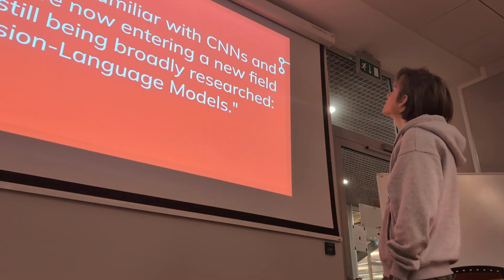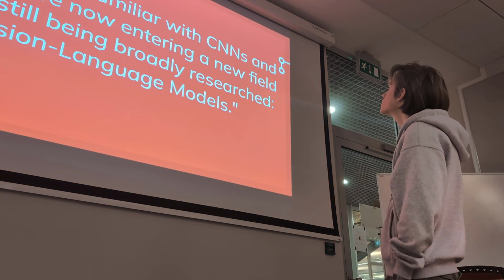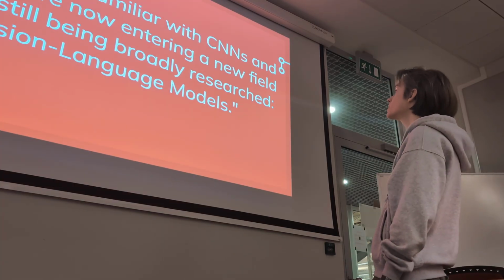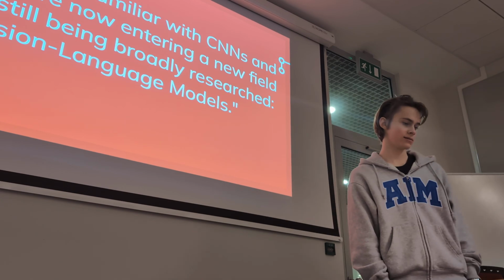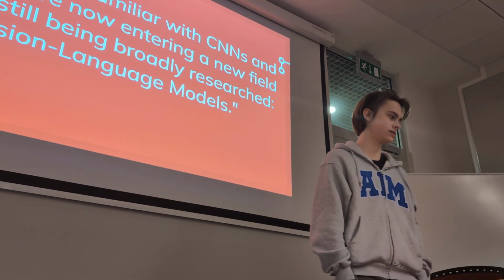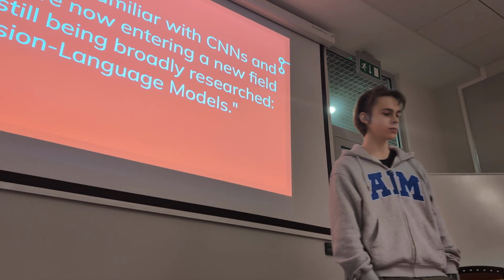After getting familiar with CNNs and visual transformers, we are now entering a new field that's still being broadly researched: vision language models. There is no open source state-of-the-art vision language model available.